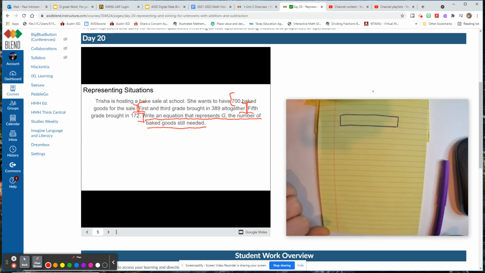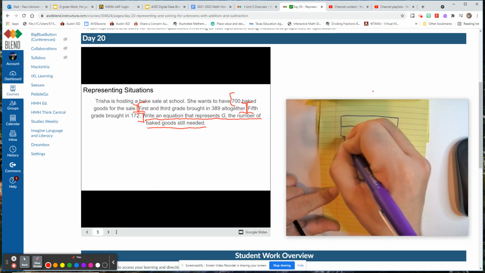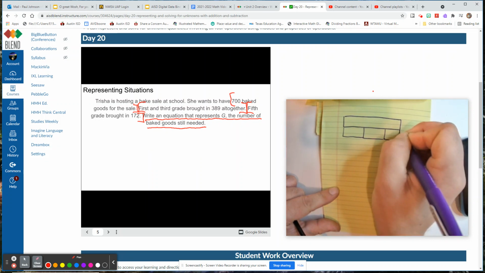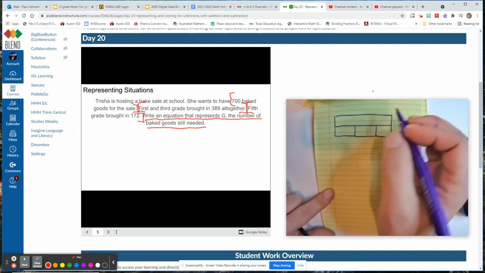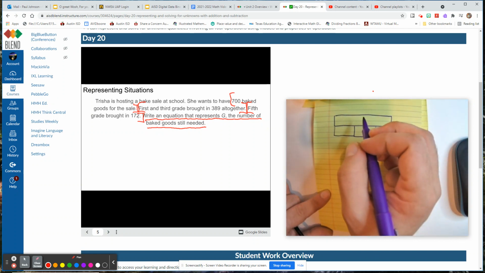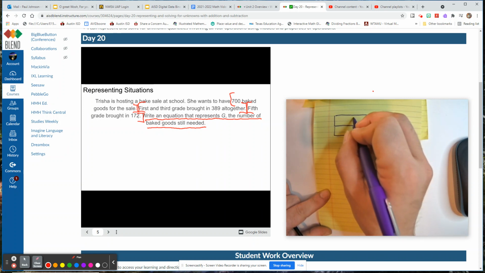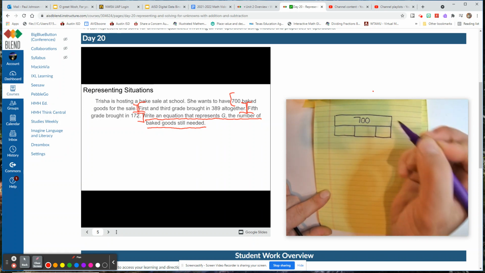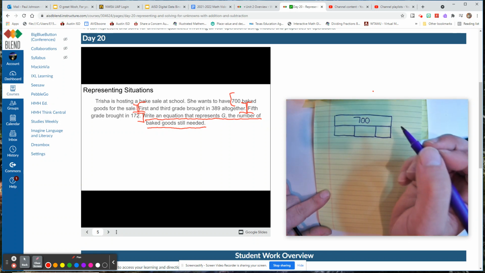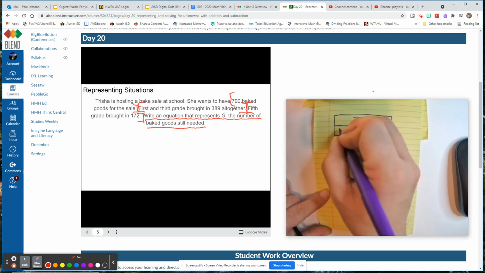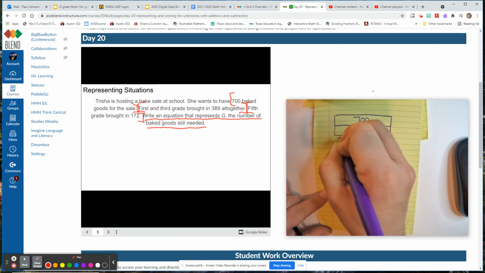So this actually sounds like it's going to be a part whole problem. All right, and the reason I know that is because my whole number, the amount altogether, is going to be 700.